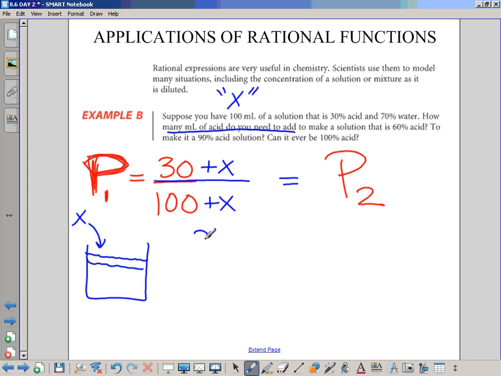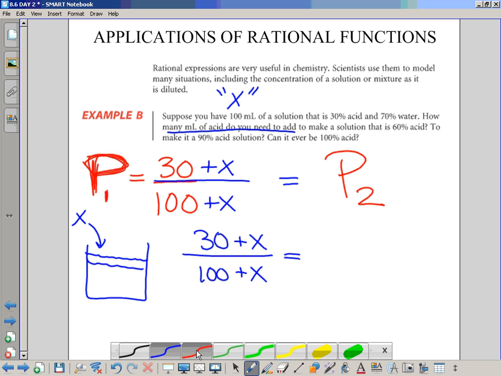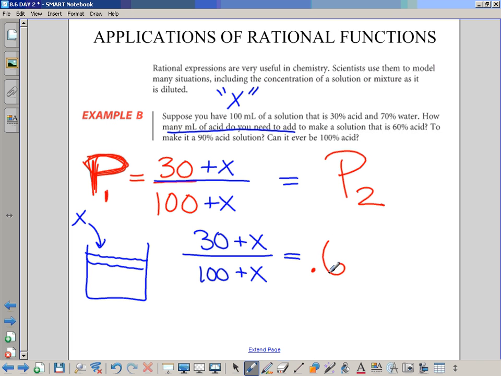So our goal here is to take the 30 out of 100 and add X to the top and X to the bottom, so that instead of having a 0.3 or 30% solution, let's get rid of that. We don't want it to be 30%. Our goal is to make it 60%.